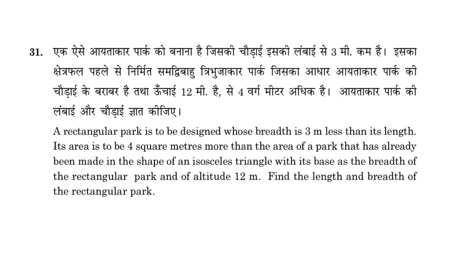Question number 31. This is the last question of this section as well as the question paper. In this question we have a rectangular park whose breadth is 3 meters less than its length.